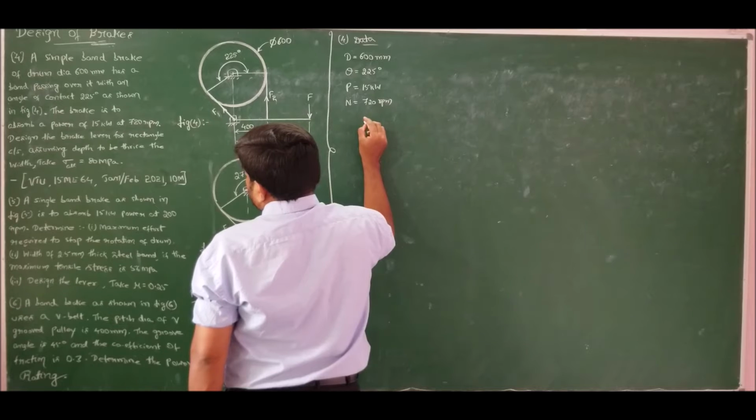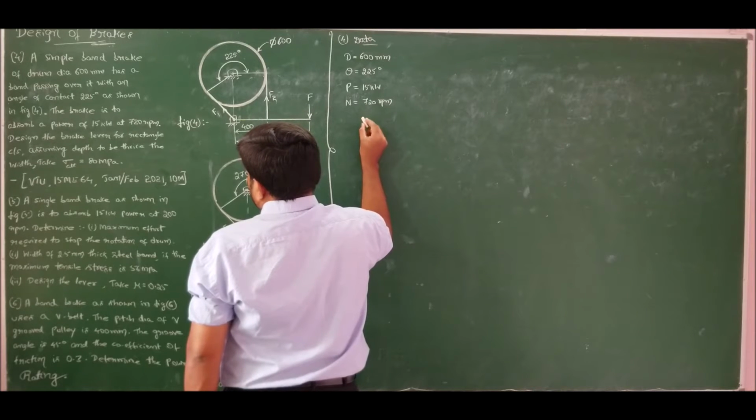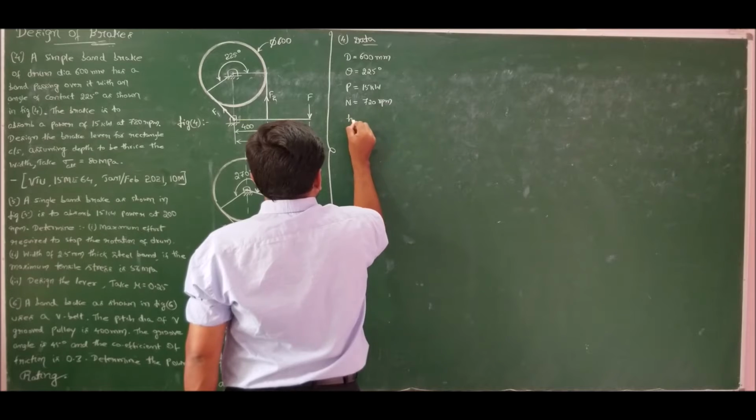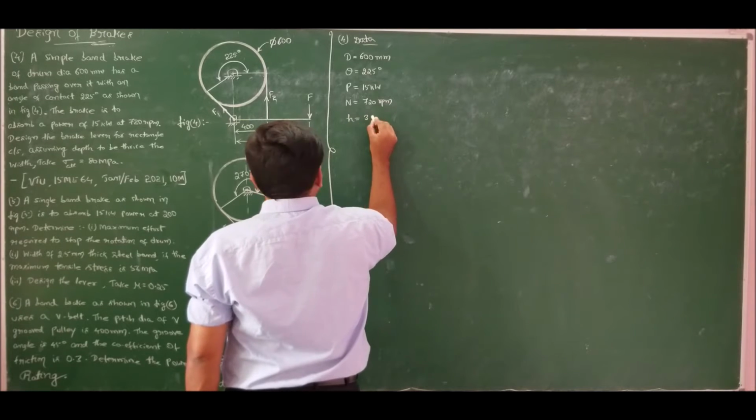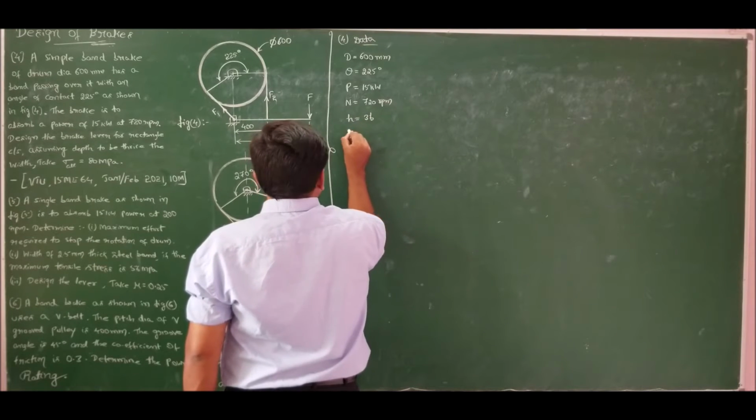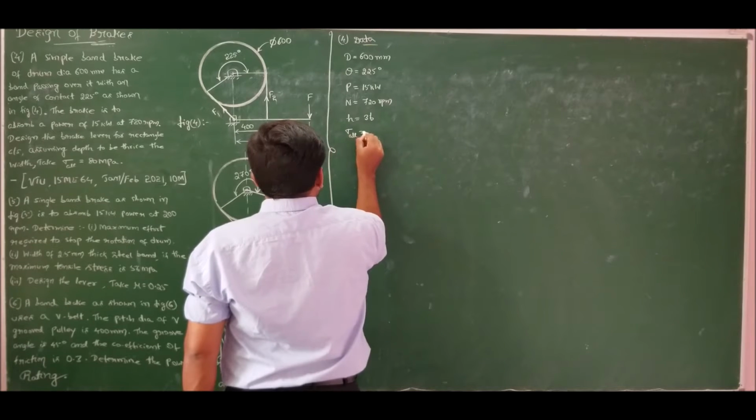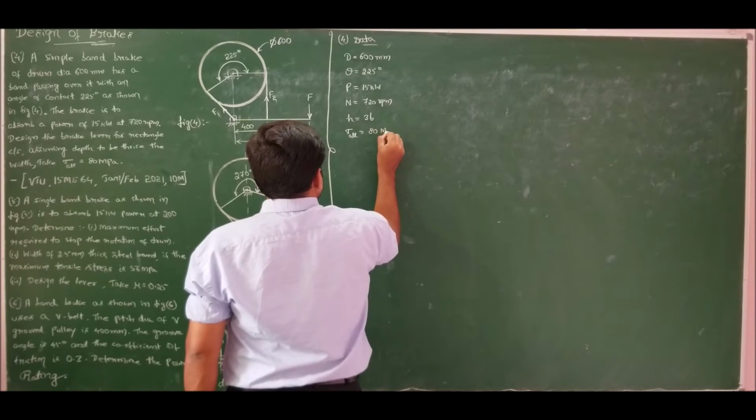We have to design the lever assuming it has a rectangular cross section with depth h equal to 3 times the width b. We have sigma allowable as 80 megapascals.